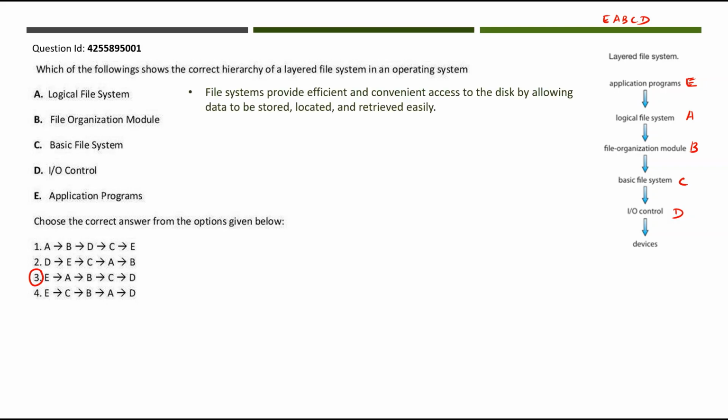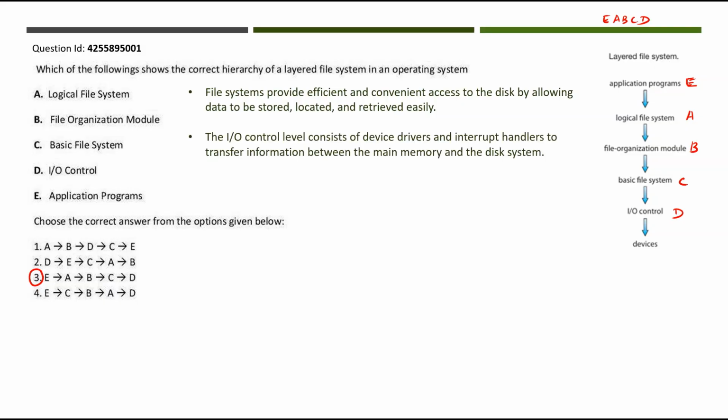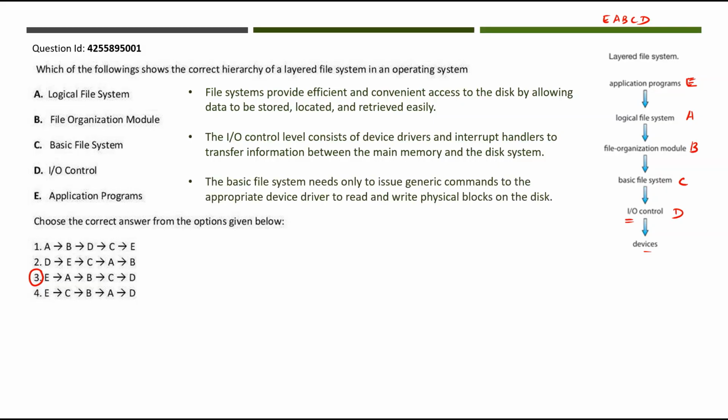File systems provide efficient and convenient access to the disk by allowing data to be stored, located and retrieved easily. Now we'll see about the layered file system terms. IO control level consists of device drivers and interrupt handlers to transfer information between the main memory and the disk system. So devices are here. And what about the basic file system?